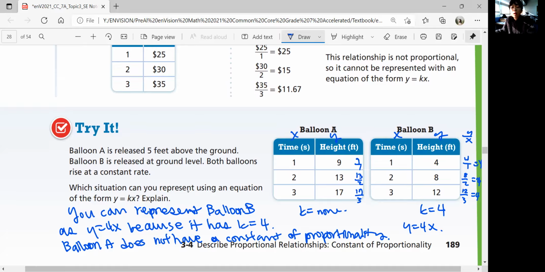Okay, so whenever we have the ratios of two variables that are equivalent, we can write it as a constant of proportionality equation, y equals kx.